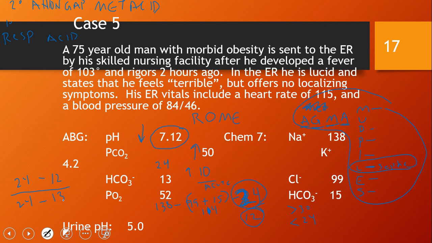So that ends up being 12 over 11. I don't know what that means, but there's our delta. So anyway, I'd say this guy's got secondary anion gap metabolic acidosis, primary respiratory acidosis.